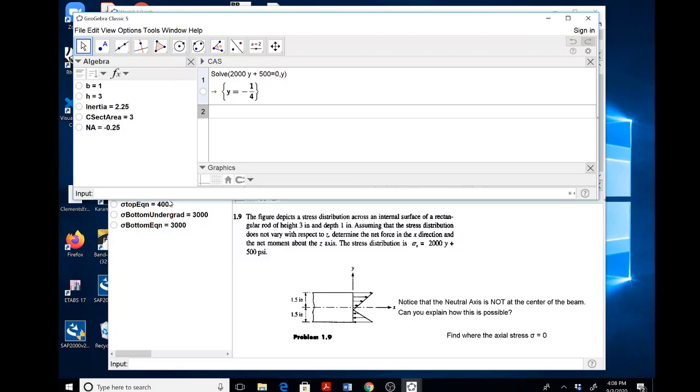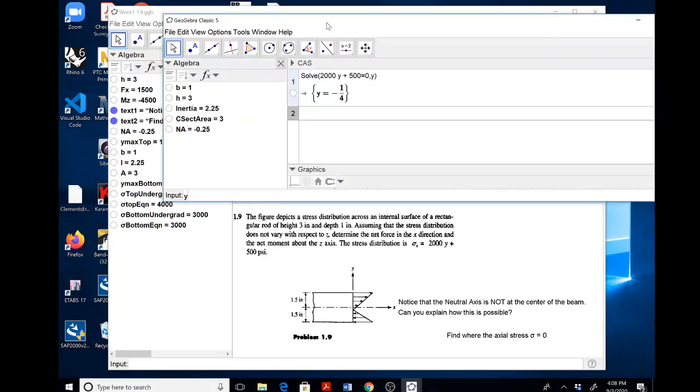So I will call it y max top, let's say, is equal to h over 2 minus NA, because NA is negative. If that hurts your head, you could do it another way. It's clearly 1.75, and the other one is clearly 1.25, but don't type in 1.25. That would be terrible because you want this to be a parametric script.